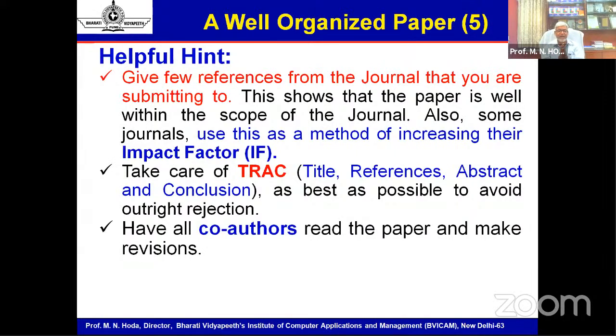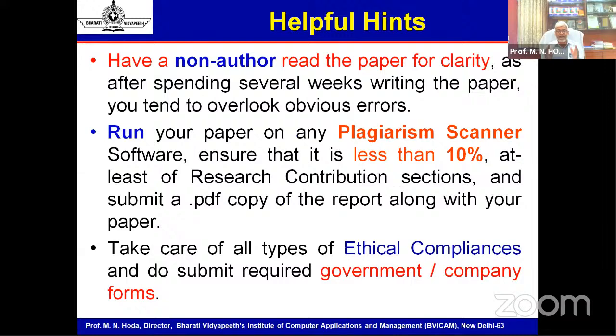Second helpful hint, I've already spoken: track the title, reference, abstract, and conclusion. So write in the best possible manner, and have all co-authors read the paper and make revisions, because if you have written English poorly, if you have omitted or missed something, or if you have written something extra in the introduction, you may be the co-writer of the paper, but many other co-authors, when they go through it, will find those mistakes and highlight them to you.